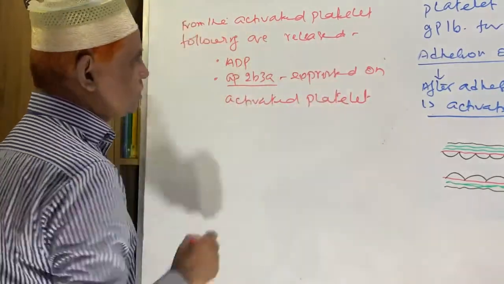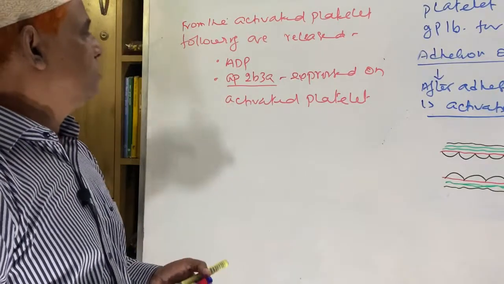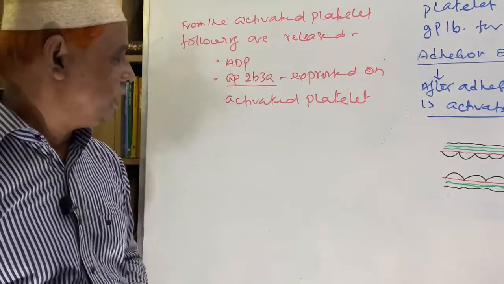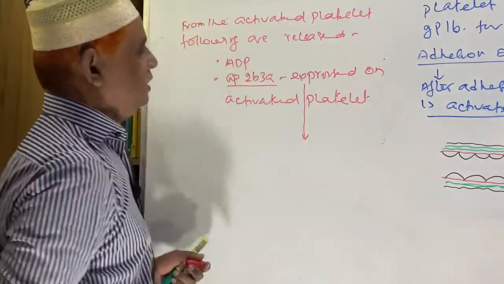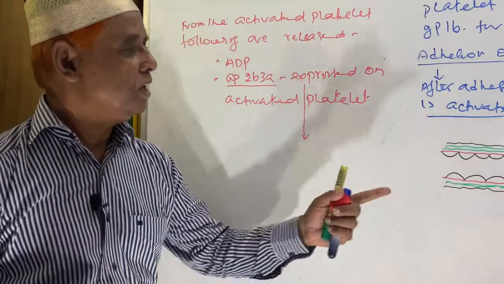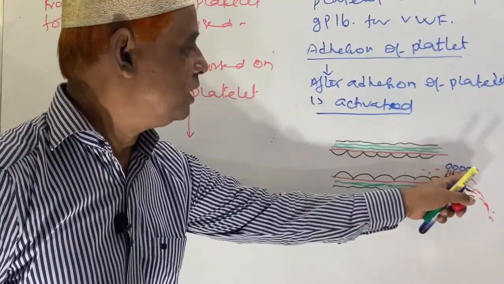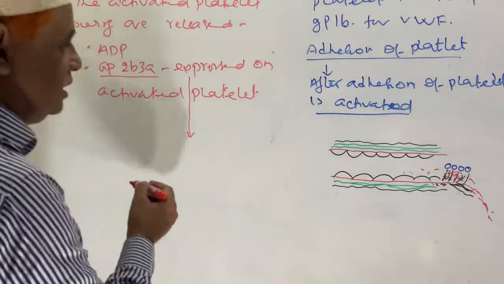Due to expression of this glycoprotein receptor 2B3A, this receptor makes a bridge between activated platelet and fibrinogen.